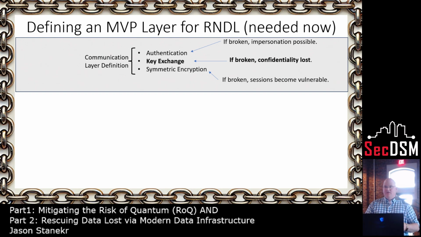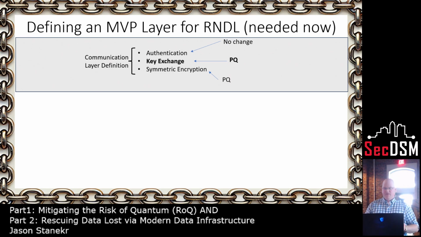And what is another potential part? It's the symmetric encryption. Many communication protocols today use 128-bit or AES cryptography for their symmetric encryption. The bit strength would be reduced by half, basically 64-bit instead of 128-bit.